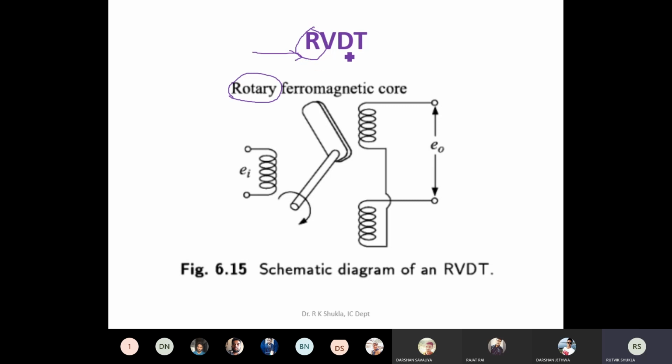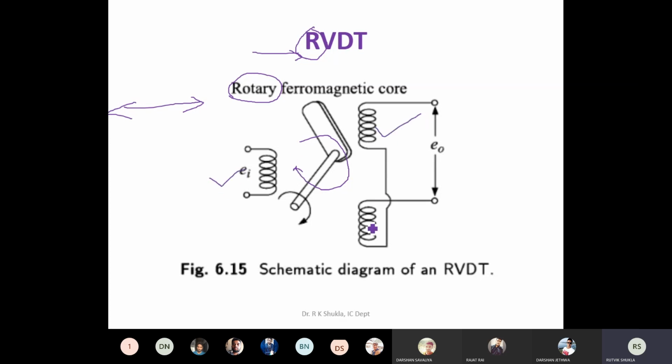It is a rotary variable differential transformer. The basic principle and characteristics, everything is the same. The only difference is the construction. In case of LVDT, the core is generally moving in a translational fashion, while in case of this RVDT, the core is moving in a rotary way. That is the only difference.